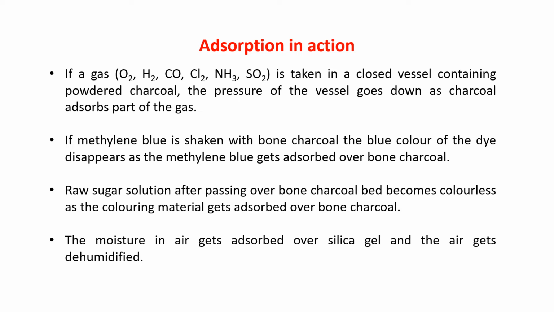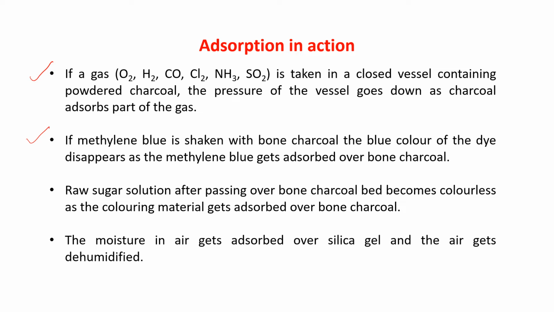Here are some examples of adsorption. Number 1, if a gas like oxygen, hydrogen, carbon monoxide, chlorine, ammonia, or sulfur dioxide is taken in a closed vessel containing powdered charcoal, the pressure of the vessel goes down as charcoal adsorbs part of the gas.